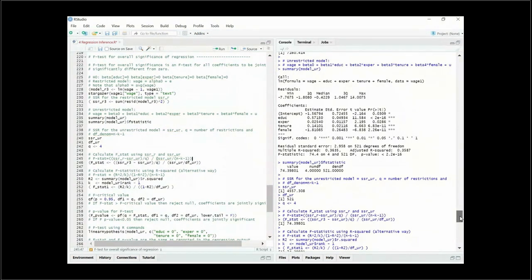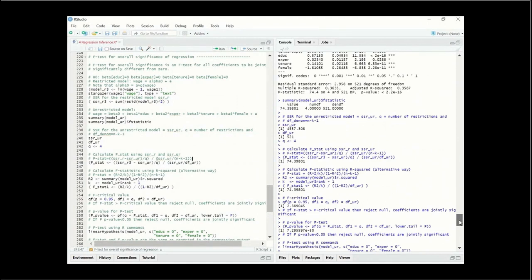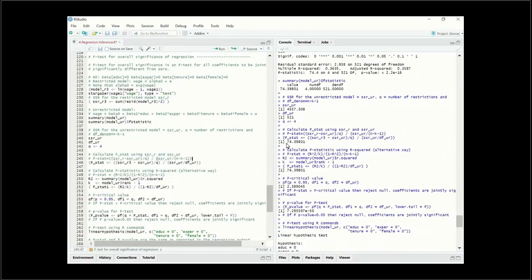So let's see, if we calculate the F statistic both different ways, here we see it using the regular formula that we had above, and this is the other formula using the R squared, so we would be getting exactly the same results here. Then using the F critical value and calculating that, and also the p-value for the F test as we did above, this is the F critical value.